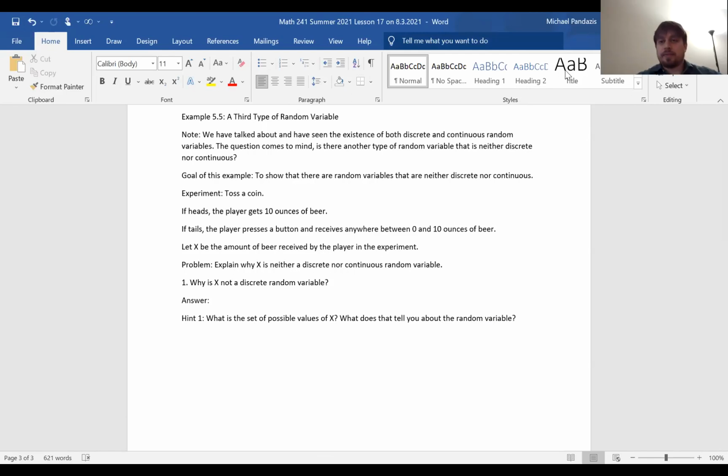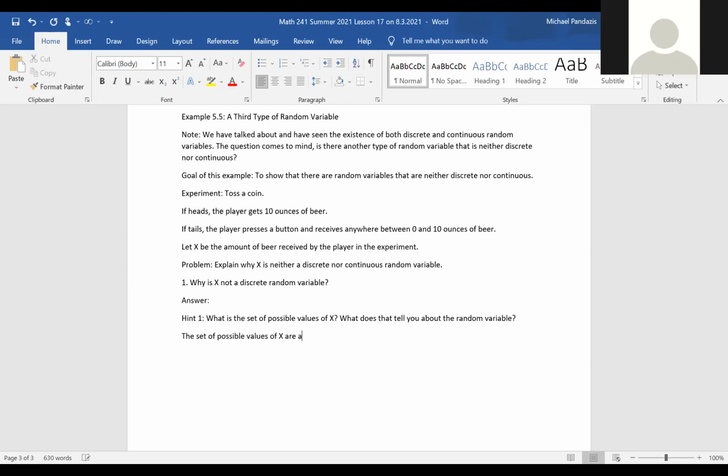Yes, Ahmed? That it's not infinite? Well, what are the possible values of X? We have from 0 to 10, inclusive, because it could be 10 from heads. So the set of possible values of capital X is all the real numbers from 0 to 10 inclusive.